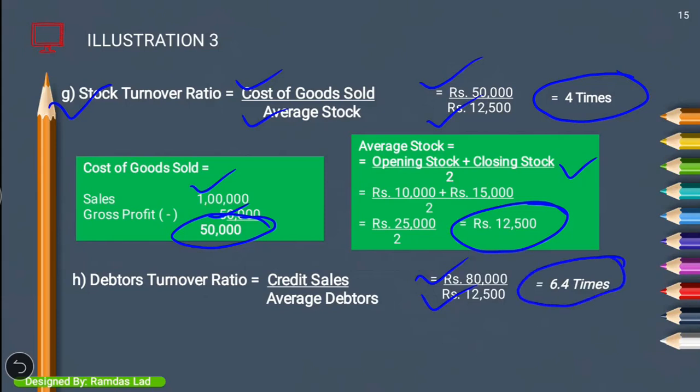So credit sales is 6.4 times of the average debtors. In this way we can calculate all these 8 ratios for financial statement analysis. Investors or lenders can take various decisions based on these ratios.